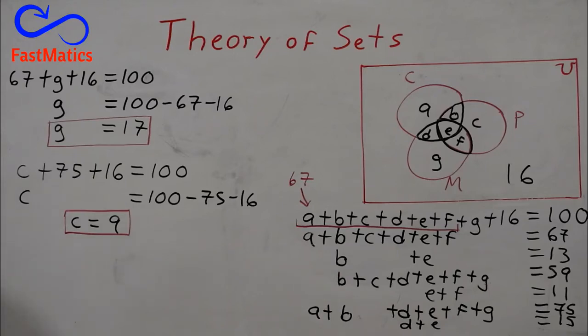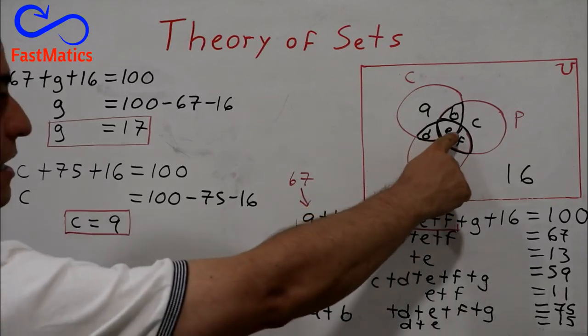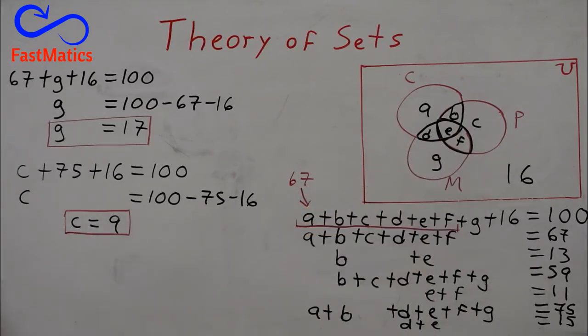But for answering this problem, we have to find E, because E is the region where people love the three beverages at the same time.